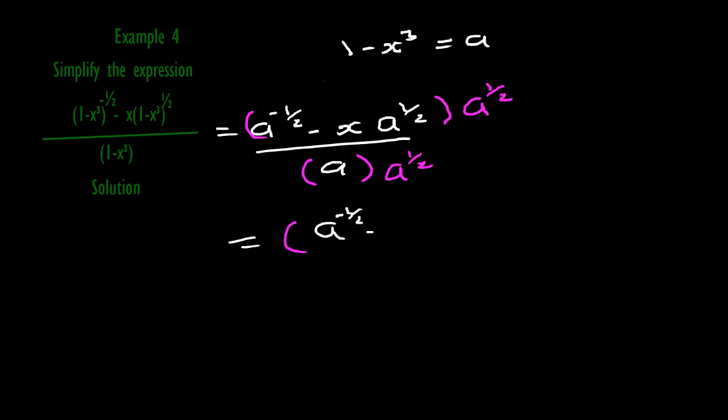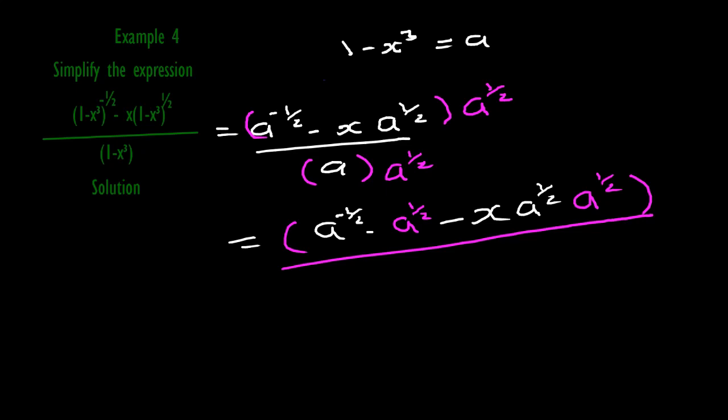So the first term in the numerator is a raised to negative a half times the term outside, a raised to power half, then minus the second term in the numerator. We have x times a raised to power half, then times the term outside, which is a raised to power half. So the term outside is a common factor for all the terms inside.